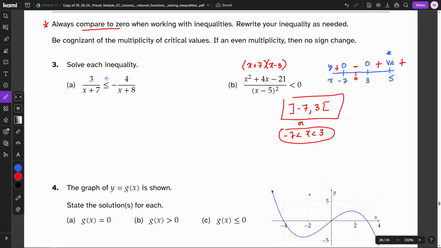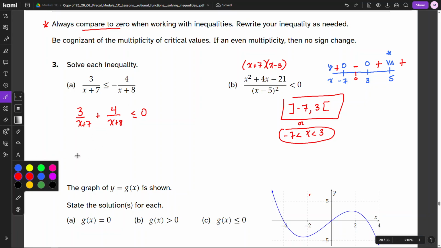All right. So if we want to solve the inequality over here, we need to rewrite, we need to compare to 0. So I have 3 over x plus 7 plus 4 over x plus 8 needs to be less than or equal to 0.